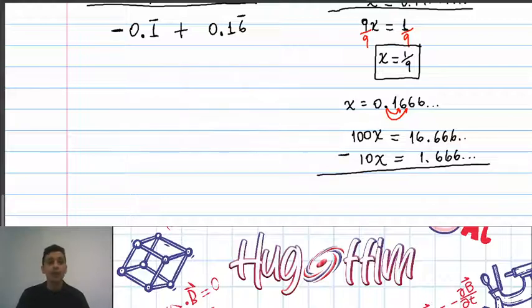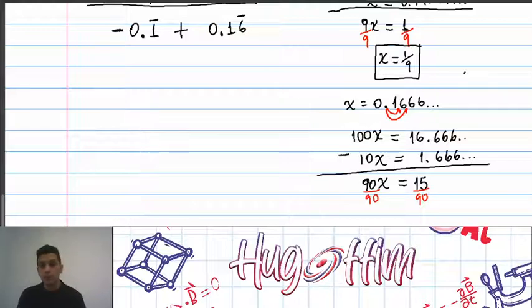So if I subtract, I'm going to have 100 minus 10 will be 90. And these decimals will be 0, 0, 0, 0, 0. 16 minus 1 will be 15. So I will have 15 over 90. And finally, we're going to have 15 over 90, and we can simplify.